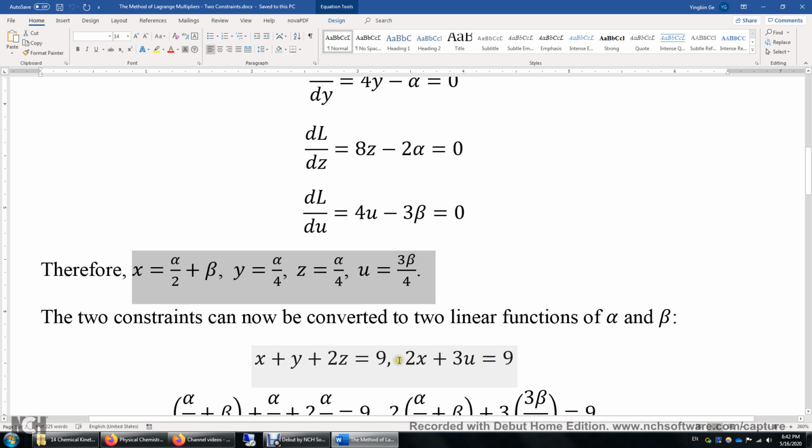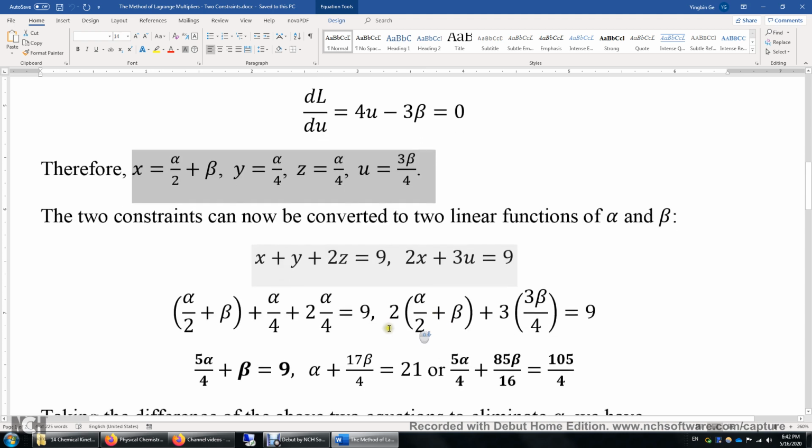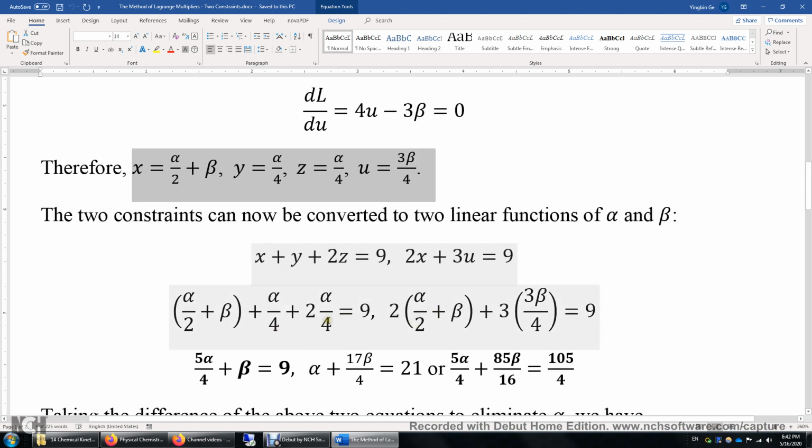From those 2 constraints, we plug in the expressions of x, y, z, and u in terms of alpha and beta into the 2 constraints. Now we have 2 equations. Again, these 2 equations are from the 2 constraints. Alpha and beta are the 2 Lagrange multipliers in front of these 2 constraints.